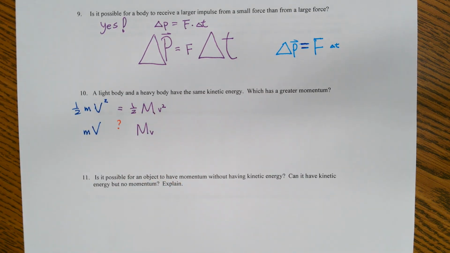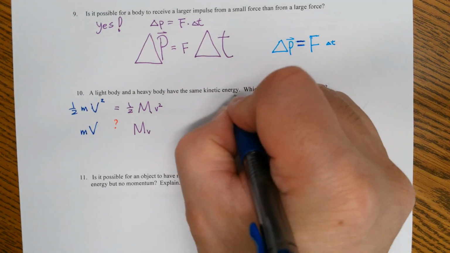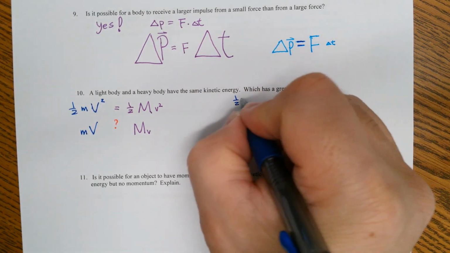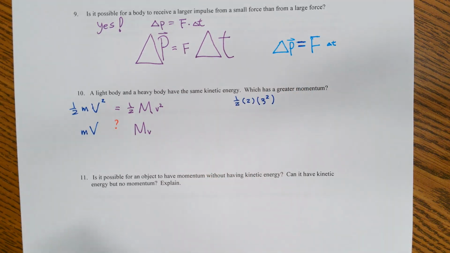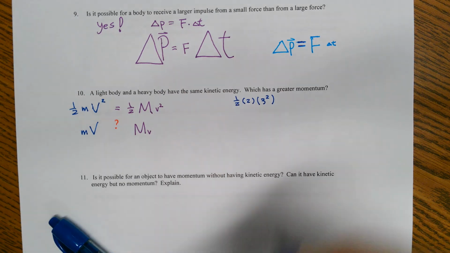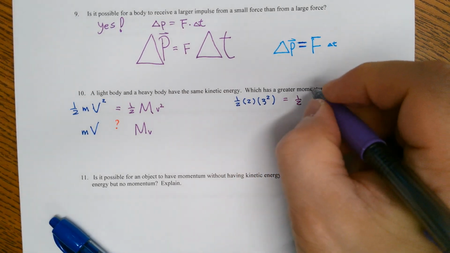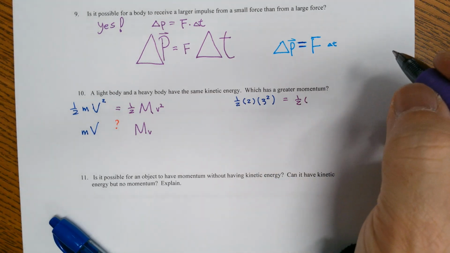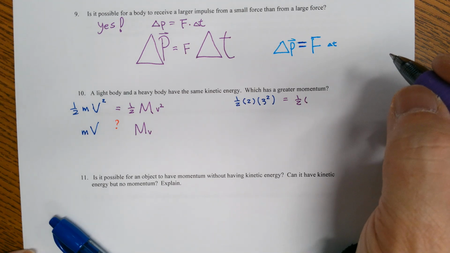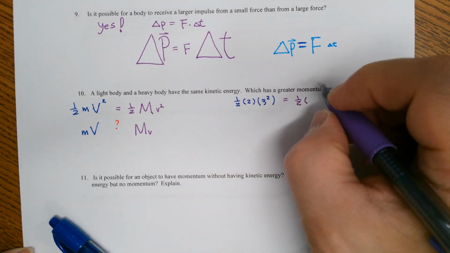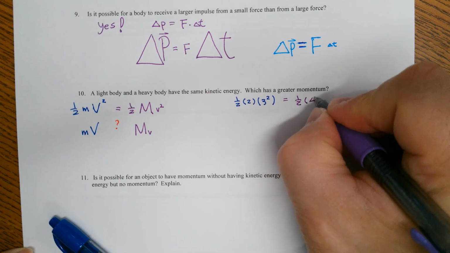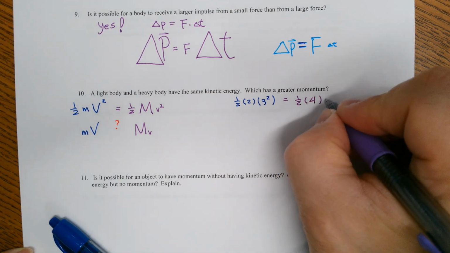Well, let's put some numbers in there. Let's say I have 1/2 times 2 kilograms times 3 squared is equal to 1/2 times 4 times v squared.